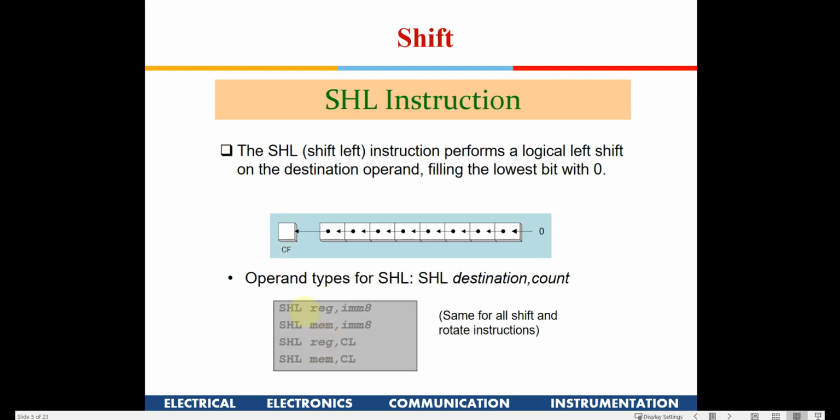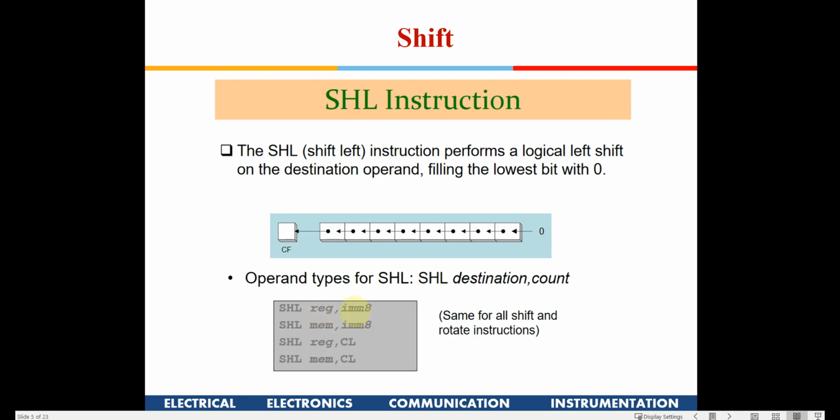This is the format for shift left. You write the shift instruction, then specify which register you want. It could be AL, AX, BL, BX, whatever. Then you can write an immediate 8-bit data, which means by how many bits it has to shift.